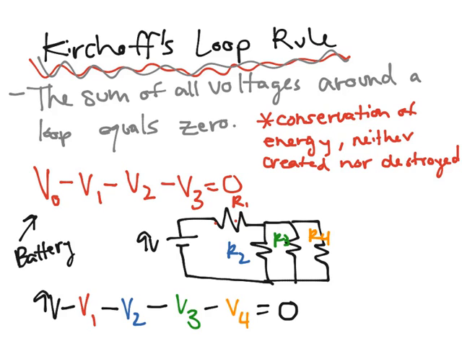So if you're watching carefully, you'd realize this is sort of right, but not quite right. This only works if they are in a loop. So remember, they must be in a loop.